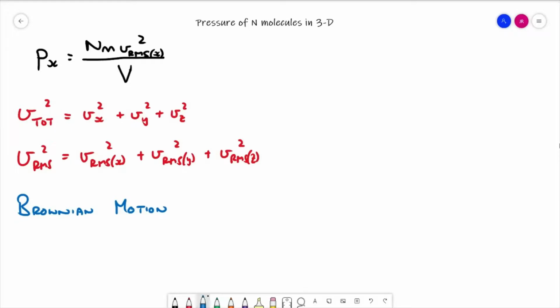And what that means is that the RMSs in the 3 different directions will also be the same. So Brownian motion tells us that, sorry, it's the RMS we're looking for, VRMS in the x direction will be equal to the RMS in the y direction, which will be equal to the RMS in the z direction.